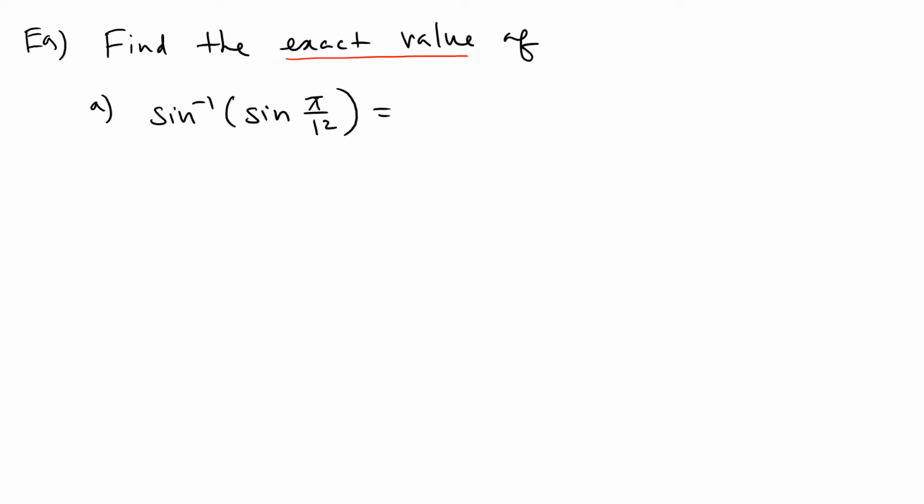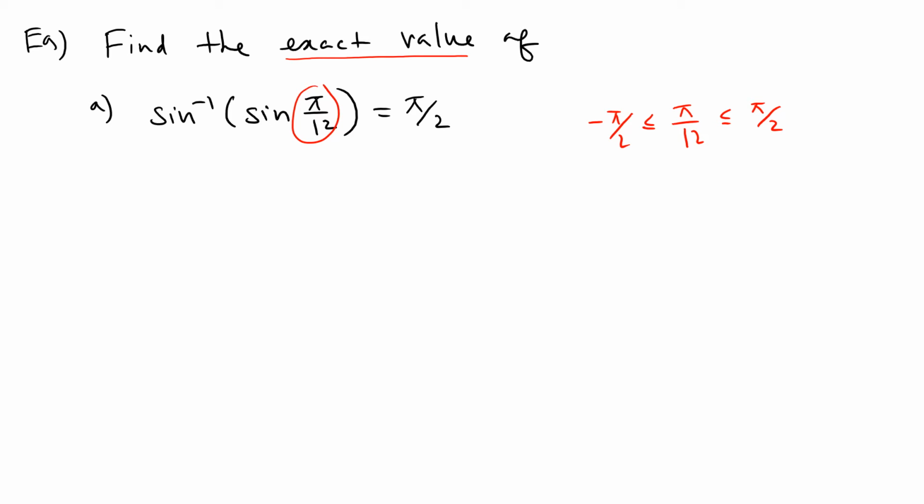What you want to know is that this is one of the identities, and you want to make sure that pi over 12 is inside the range. And you can see that pi over 12 is actually in the domain of the function, so it's inside. That means, according to the last result, this is simply this value. It's an inverse function property. You can come back to the starting value.